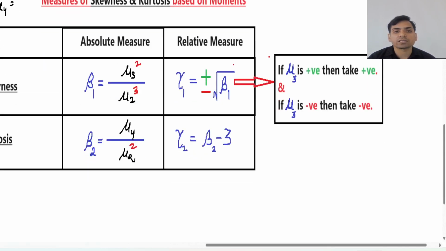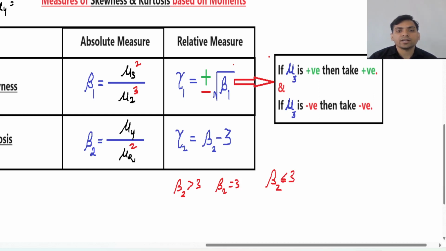Now for kurtosis, the coefficient of kurtosis. The value of beta 2 falls in 3 categories: first, it may be greater than 3, second, it may be equal to 3, and next, it may be less than 3.